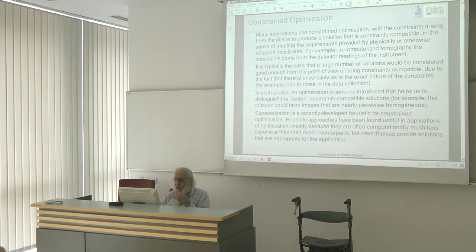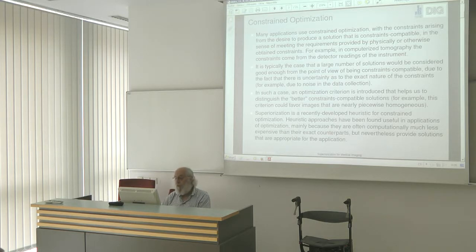And superiorization is a recently developed heuristic for constraint optimization. Note the heuristic, it will come out clearer later. I just want to say that heuristic approaches have been found useful in many applications of optimization, mainly because they are often computationally much less expensive than the exact counterparts, but nevertheless provide solutions that are appropriate for the application.